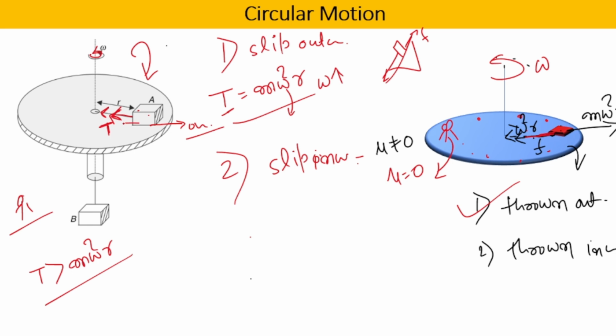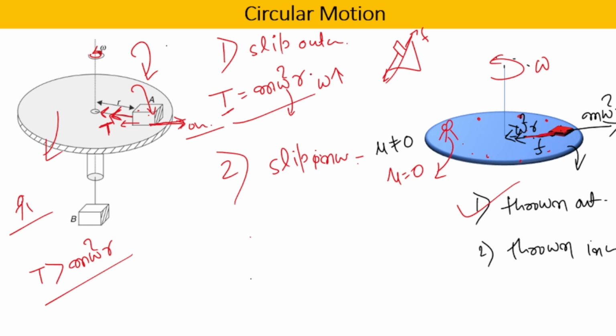So it will have a tendency to slip inward. Then friction will come into action, and it will get applied in the outward sense, and so it will stop this slipping. If you have to keep this block at rest, friction will act to stop it from slipping outward or inward.